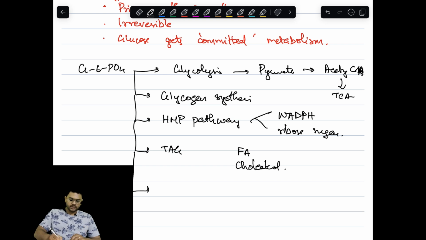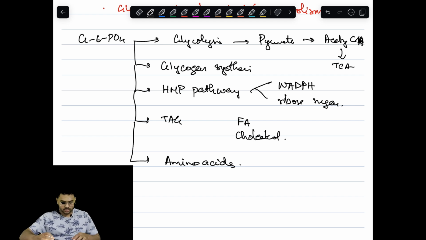Or you can also convert this eventually into some sorts of amino acids. So all of these could happen only if glucose is converted to glucose 6 phosphate. So it is the first step which commits glucose to enter any of this metabolism. So that is why it is a committed step of metabolism.